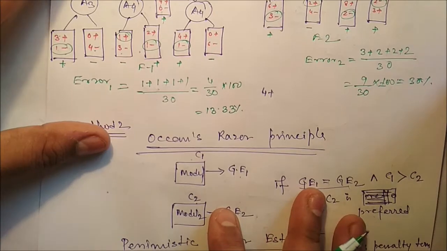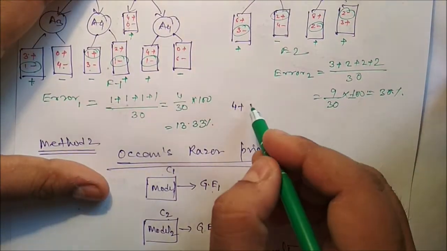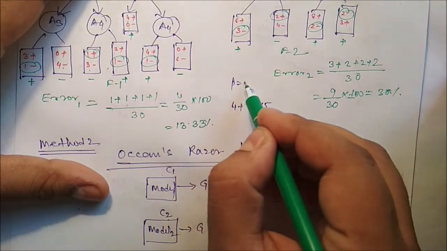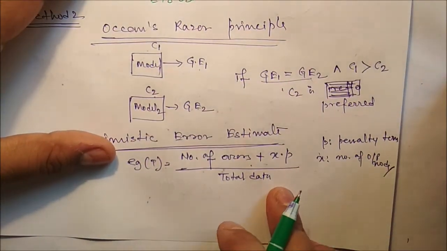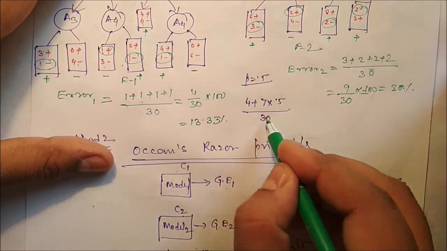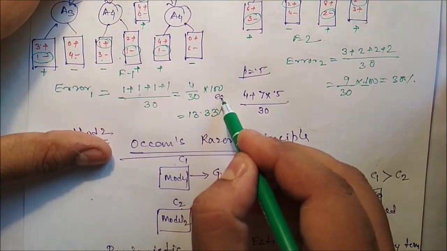How many leaves are there? You can see 1, 2, 3, 4, 5, 6, 7. Assume the penalty P is equal to 0.5, divided by the total number of data, which is 30. This is for tree 1, EGT1.